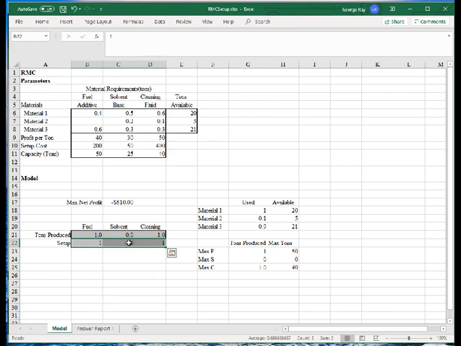If not, we put a 0, and 0 times the setup cost would still be 0.